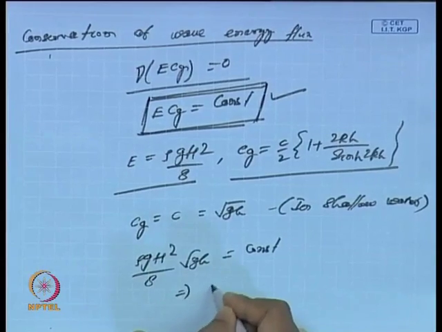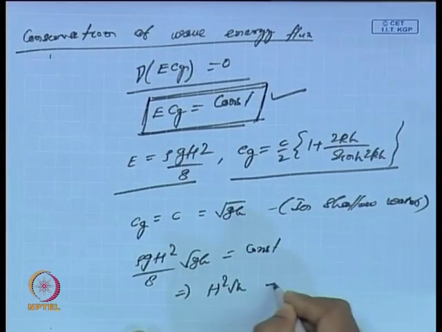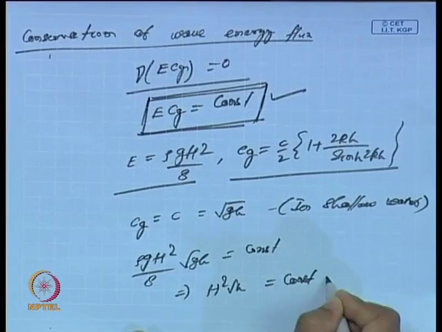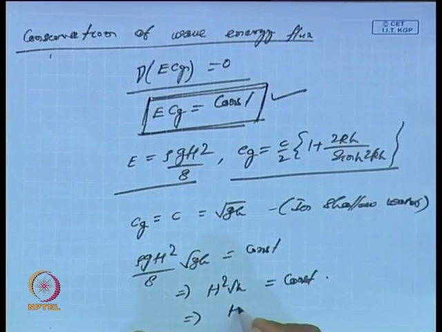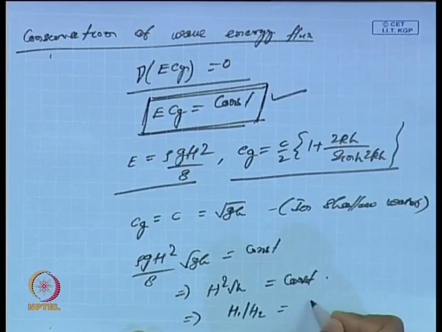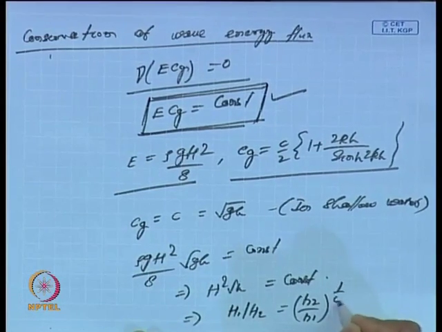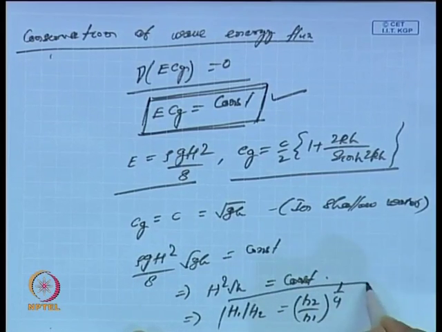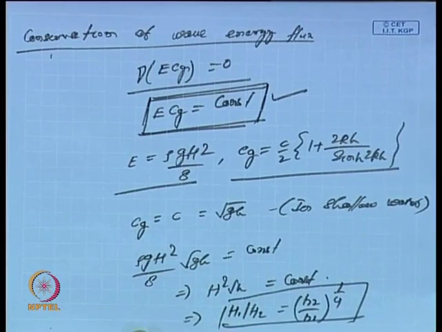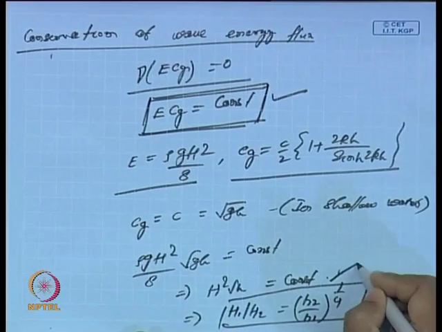Which gives me h square root h is equal to constant in case of shallow water. That means if I have an initial h 1 and h 2, this will give me h 2 by h 1 to the power 1 by 4. This is what happens in case of shallow water.